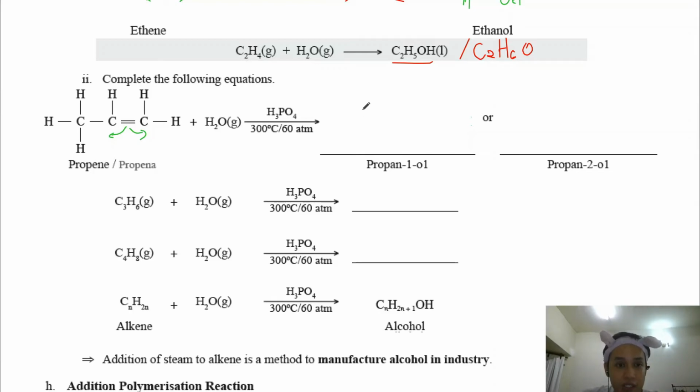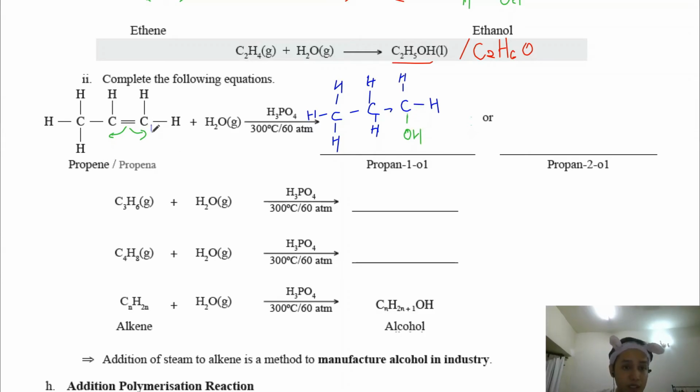So the first one is here. Let's say I put it at the first carbon, meaning here, OH. Oops, sorry, I forgot one more carbon here. H, always must fill in. This is when the OH is at the first carbon.